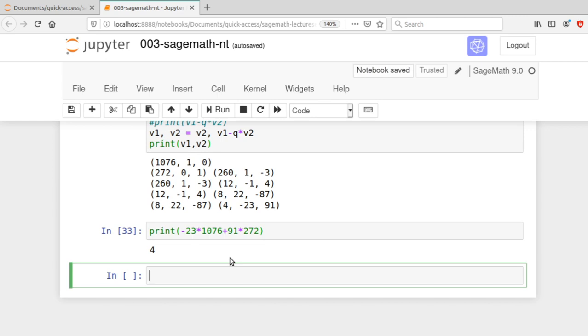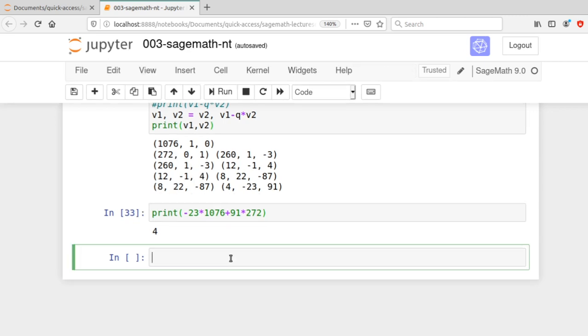But of course, in SageMath there is an easy way to do even this. So we need to just find the GCD of 1076 and 272.